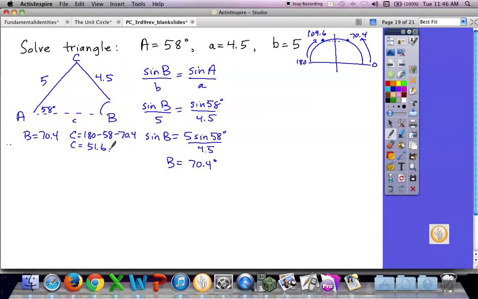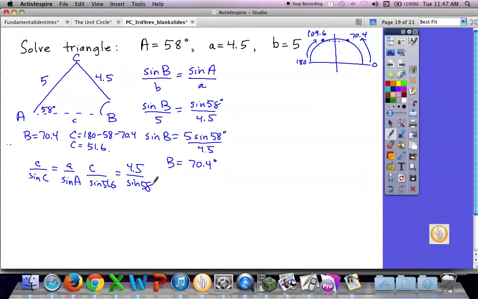Okay, and now we know every part except for side C, so we need to set up the law of sines to solve for side C. C over the sine of C equals, and I'm just going to use the same A over the sine of A that I used before, although notice that I flipped it because I am solving for side c, I want that in the numerator. So I'm going to get c divided by the sine of 51.6 equals 4.5 divided by the sine of 58.